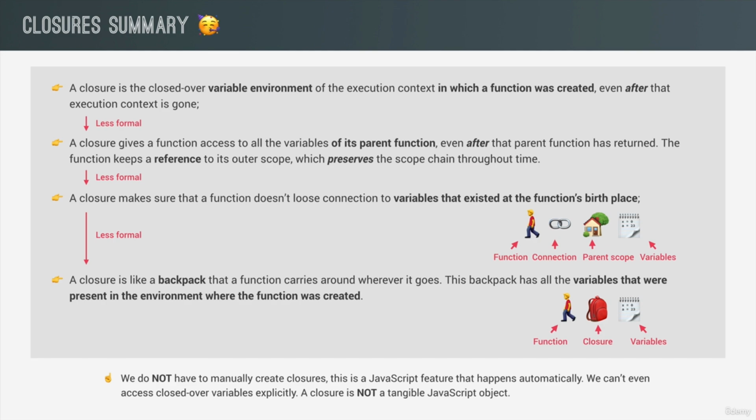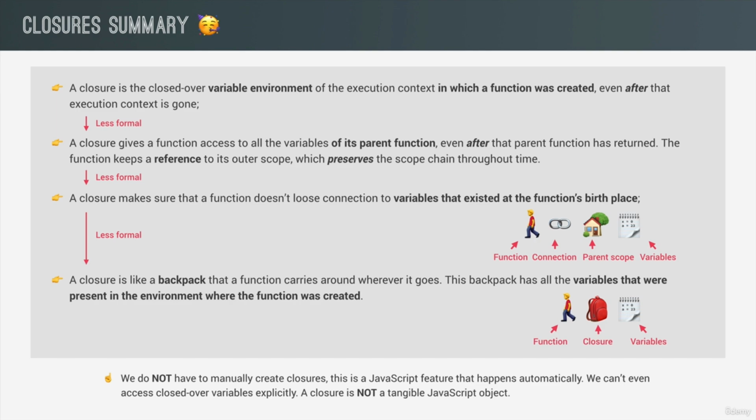So we cannot just reach into a closure and take variables from it. That's impossible, because a closure is just an internal property of a function. We can observe that a closure happens, because functions magically keep having access to variables that should no longer exist, but we cannot directly access these variables.